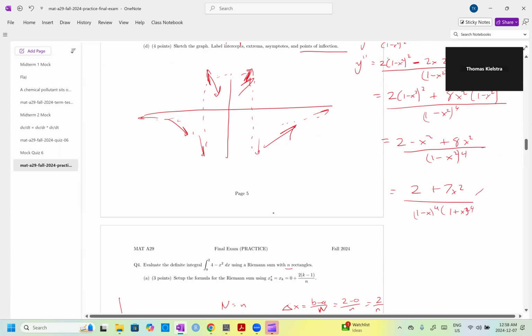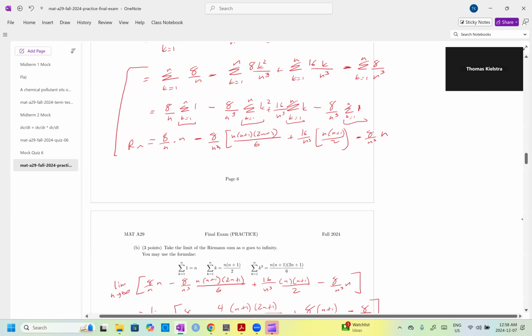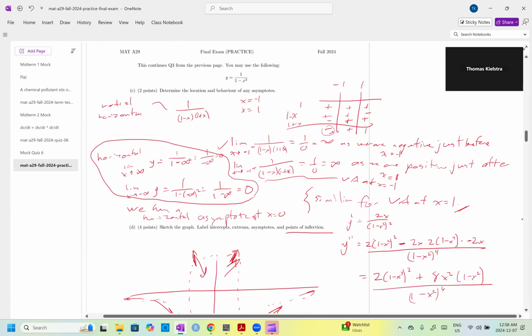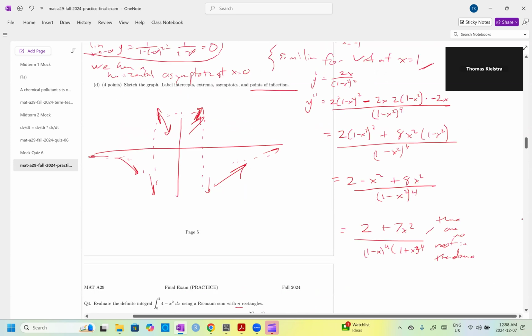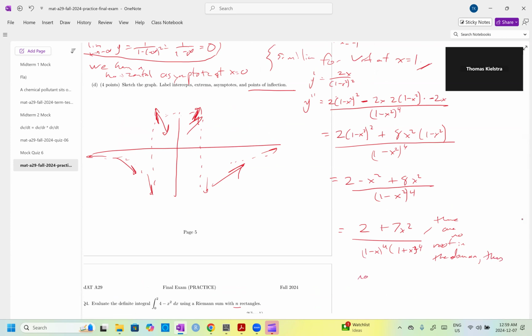Now here, there are no roots in the domain. So as there are no roots in the domain, thus no points of inflection.